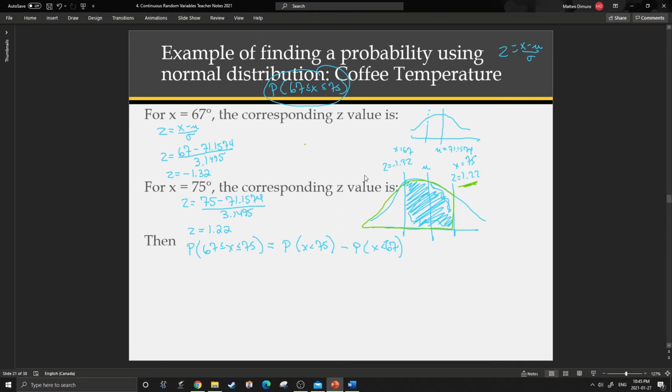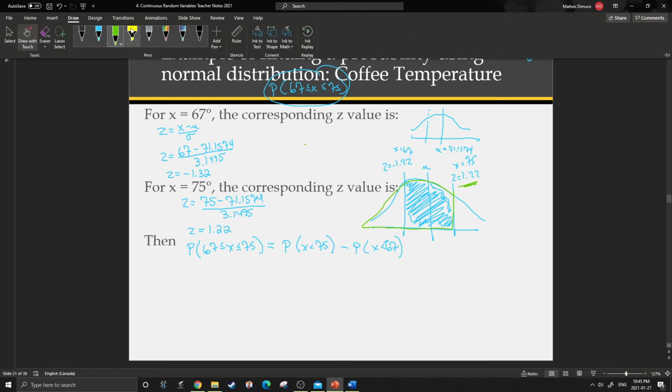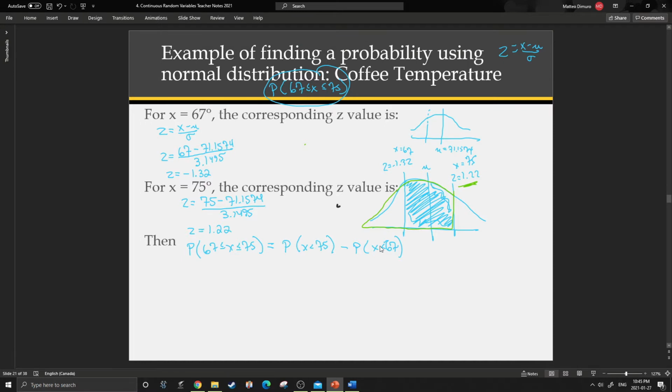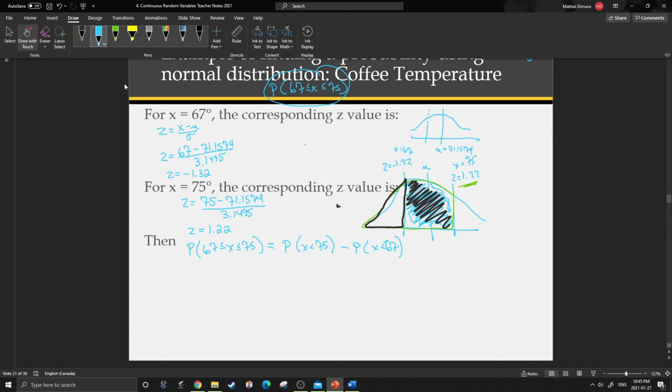I want the shaded part. So I need to then go and look up the probability that x is less than 67, which is this part. Right? So if I go the green area, which represents the whole thing, and I remove the black area, what are you left with? Well, you'll be left with just this part. Okay? So that's why we write it like this. And that's why we, I suppose, do it that way.